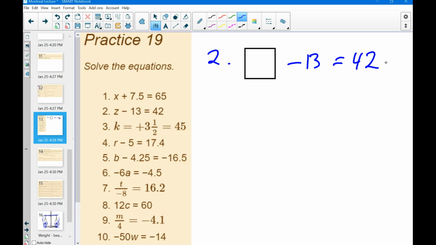Now most people would have a look at this and they'd say, okay, there's an empty box and whatever the empty box is, minus 13 gives us 42. So it's easier to visualize, at least for me it was in the very beginning, that I had an empty box, I'm going to put some number in here and life is good.